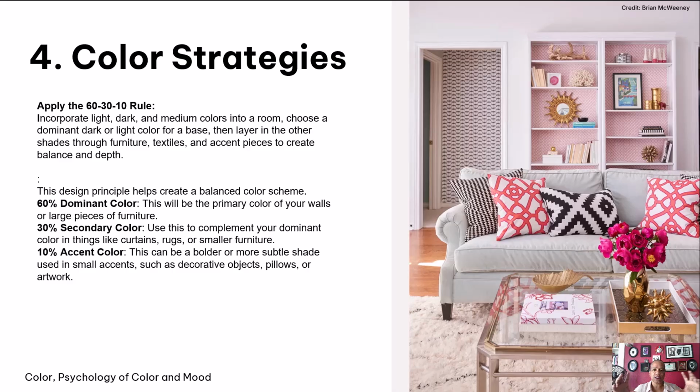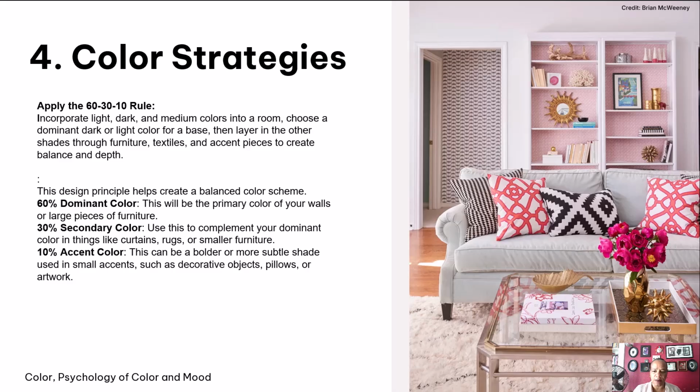So 60% is a dominant color. The 30% is the secondary color. And then 10% is the accent color. And that also works with textures too. So in this image, it's sort of working with the neutrals being the dominant color, the darker blacks being the medium color, and then the pinks being the accent.